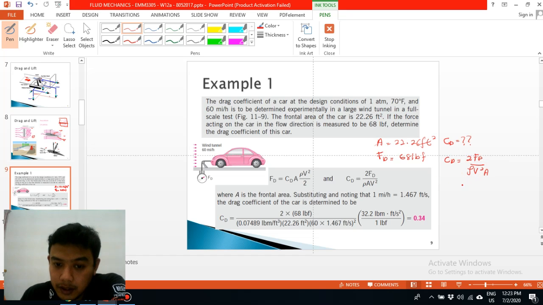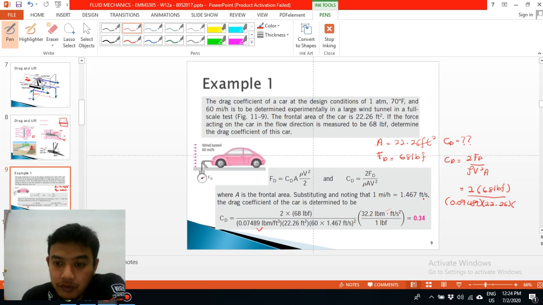In this case, F_D is 68 lbf, divided by rho, which is 0.07489, and the area A is 22.26, and our velocity is 60 miles per hour.